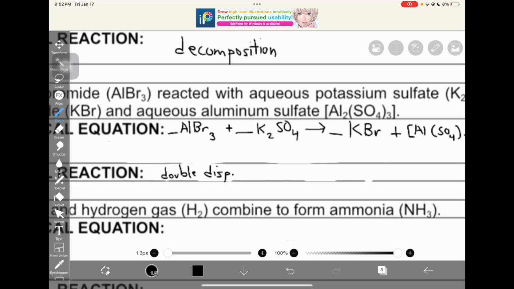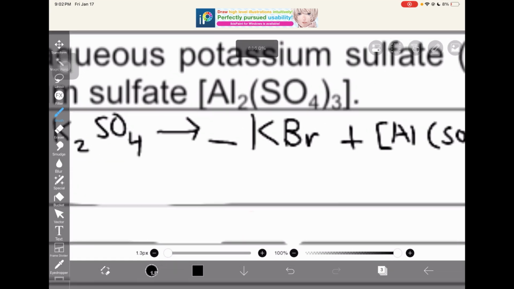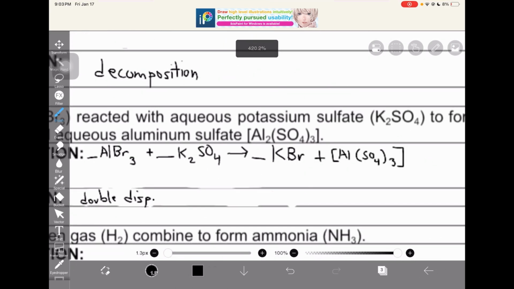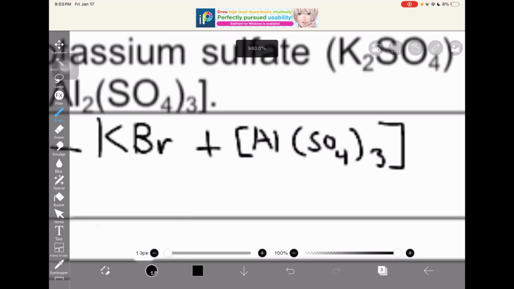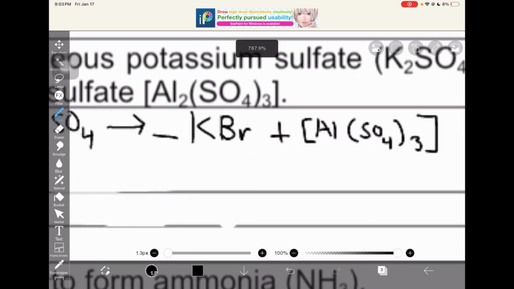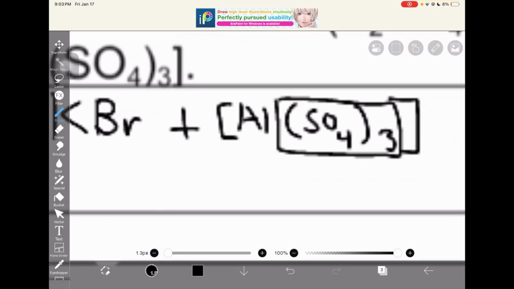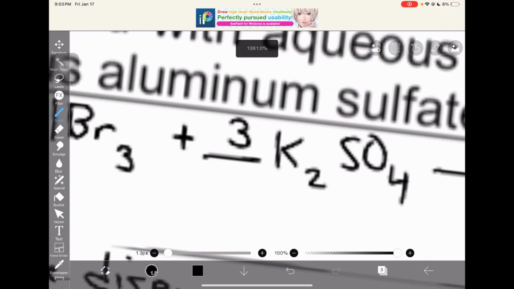So what can we do? Well, we can start first with the bromine. Actually, let's start with the SO4 because that's the most direct. There's 1 SO4 here, but there's 3 SO4s there, meaning the minimum for this is definitely 3.